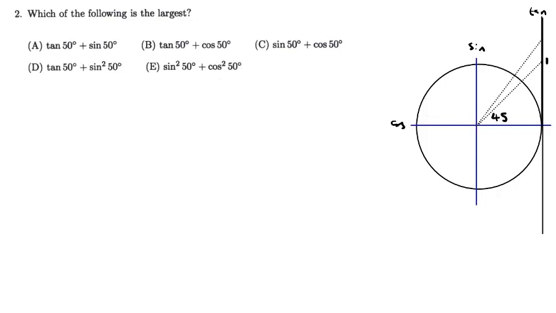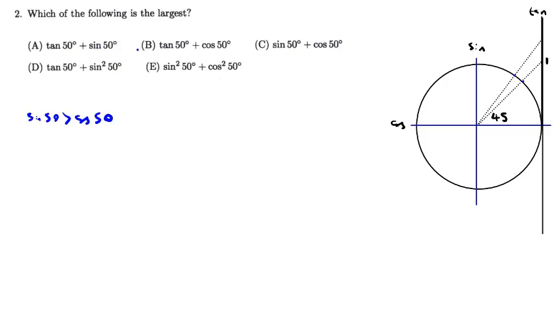So here, let me write with blue, sine 50 and cos 50. Sine and cos are equal at 45. For 50, sine is greater than cos. So sine 50 is greater than cos 50.